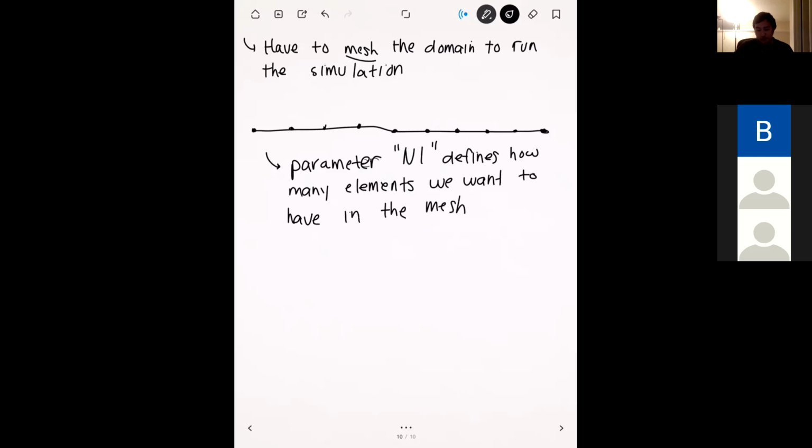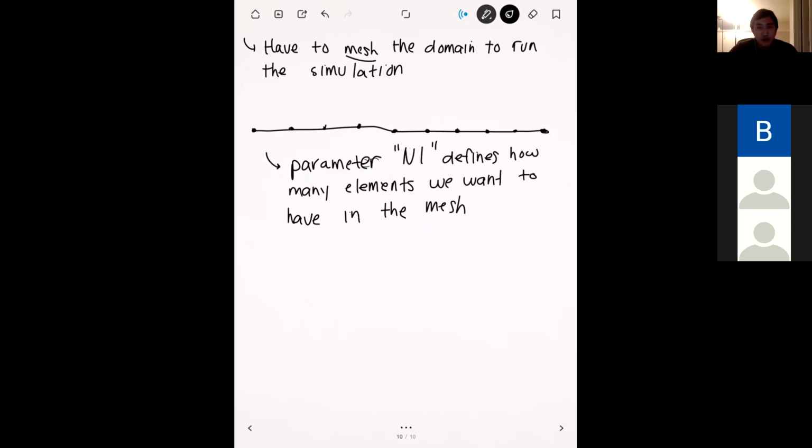If we increase this number, that increases the number of elements, and if we decrease it, that decreases the number of elements. The more elements we have, the more accurate the simulation is going to be, but it's also going to be more expensive.